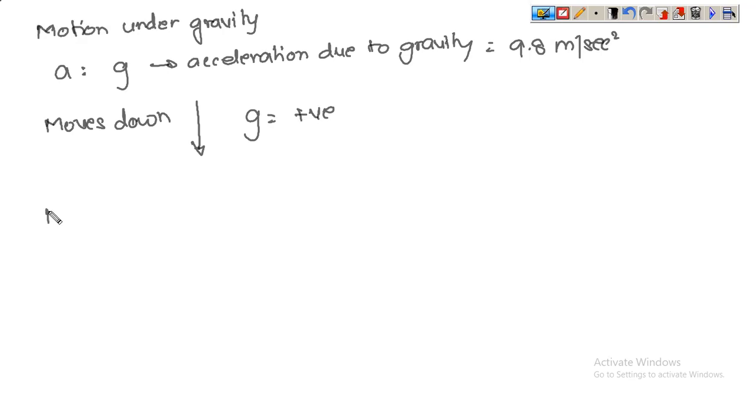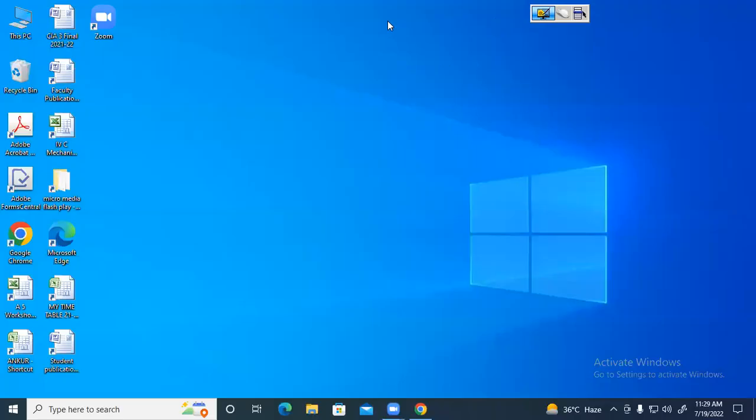If the body moves up, that means it is working against the gravitational force, so here g is taken as negative. So these are the situations where we need to vary the value of acceleration due to gravity.